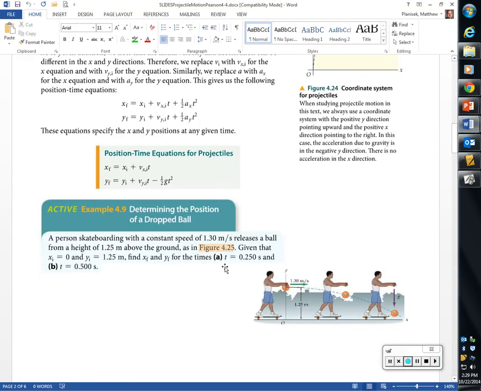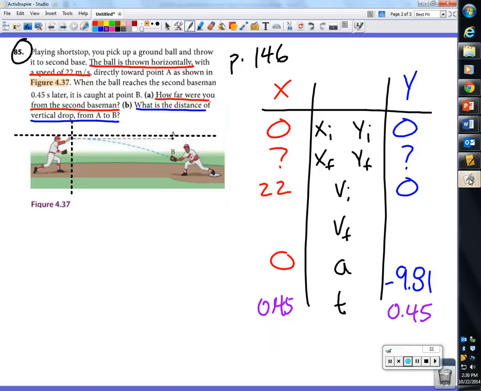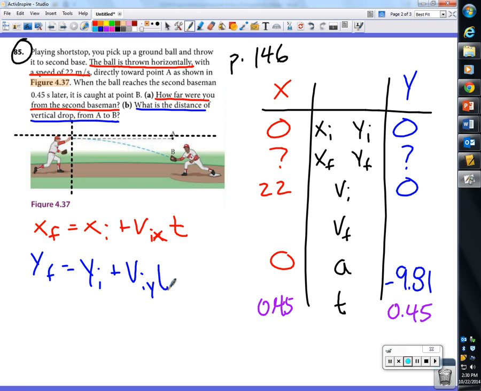our packet, right? Position time equation for projectiles. We have a horizontal equation and we have a vertical equation. Those equations both apply to this problem, right? Okay?